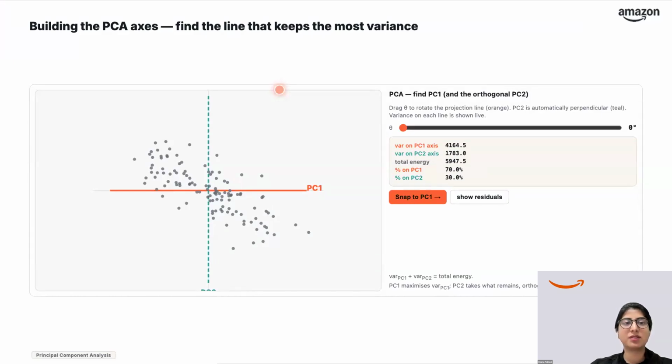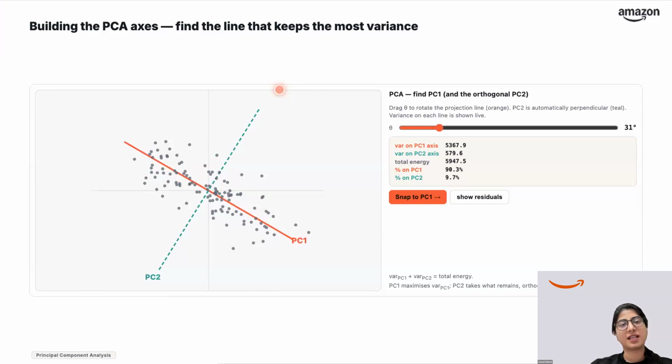Now, if we do the principal component analysis and try to find one direction, this is what we get. This is the direction with the maximum variance, and around 91% is captured in this direction.